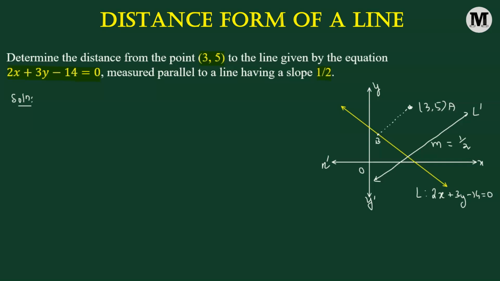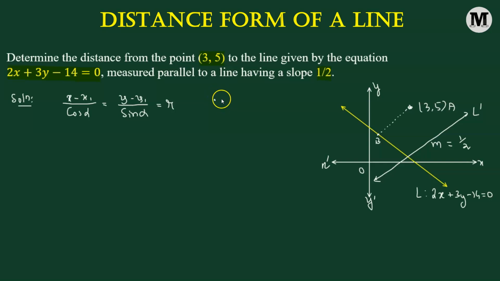Okay, so how shall we begin? For this, we'll take the help of the distance form of a line. Now we know that the distance form of a line is given by (x - x1)/cos α = (y - y1)/sin α = r, where r is the distance between the 2 points. That means here we have 2 points.